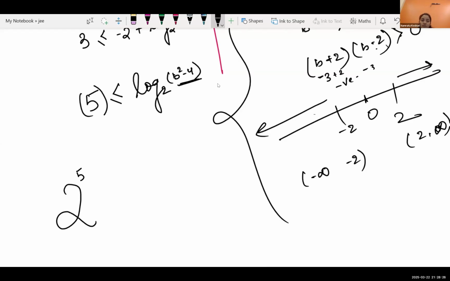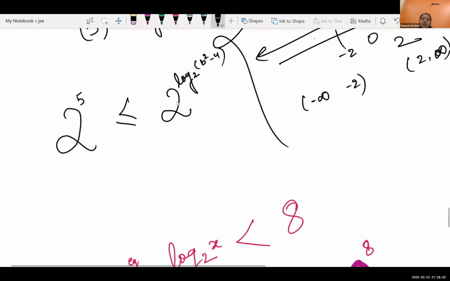Because here 2 is the base. This way the inequality sign will not change. We will have everything as it is, smaller or equal to. Now we are left with b square minus 4 here, and 2 to the power 5 here. Is it making sense?